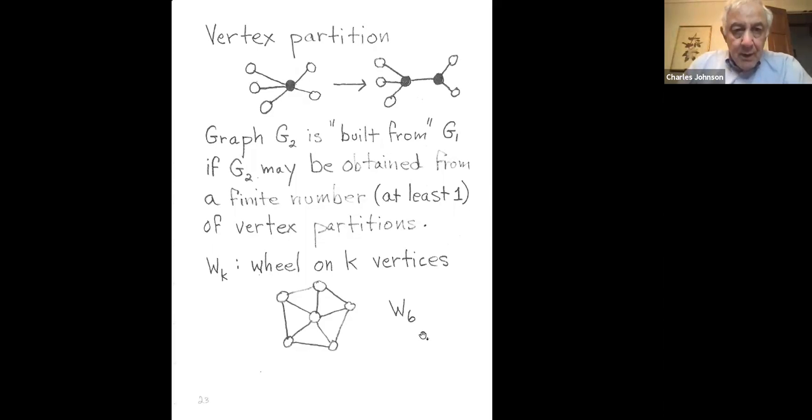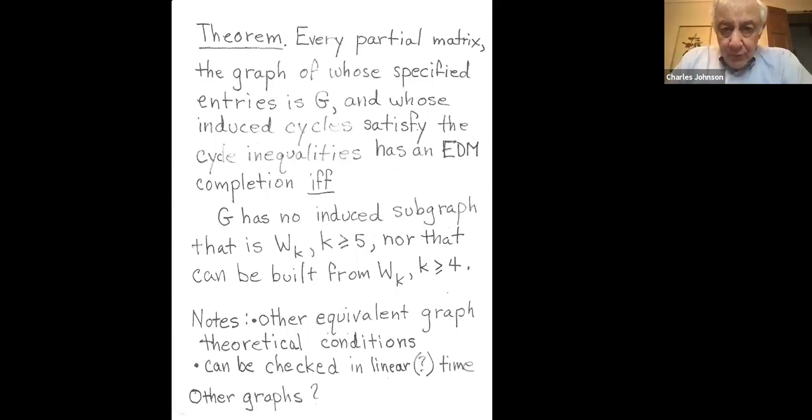Now, here's the theorem. Every partial matrix, the graph of whose specified entries is G, and whose induced cycles satisfy the cycle inequalities, and I should have said here it's implicit, and which is also a partial EDM, has an EDM completion if and only if the graph has this graph theoretic property.